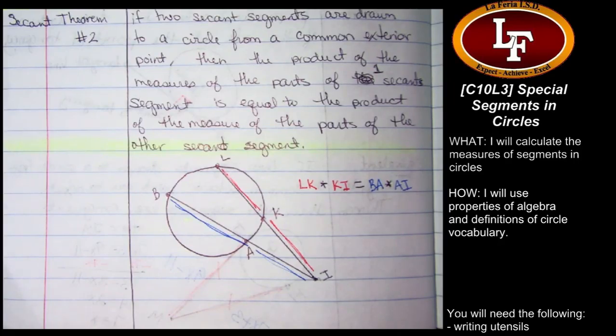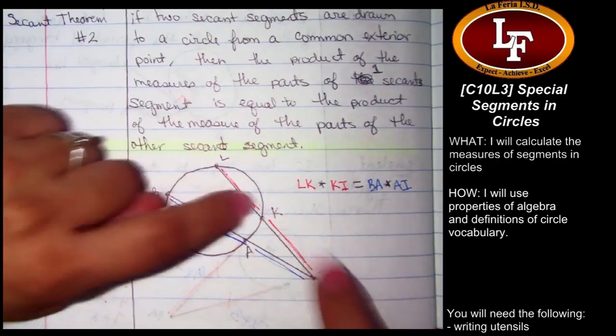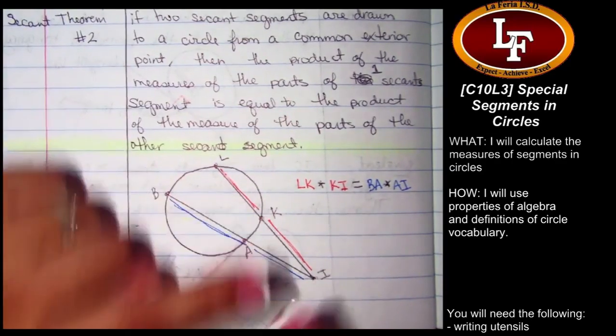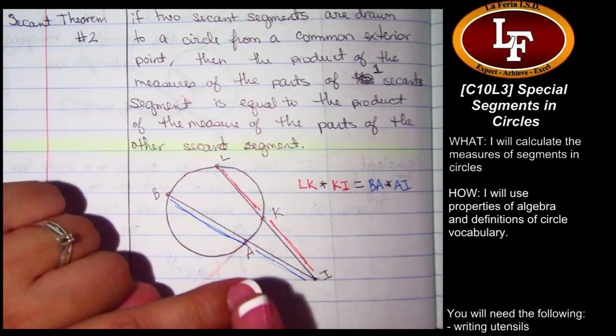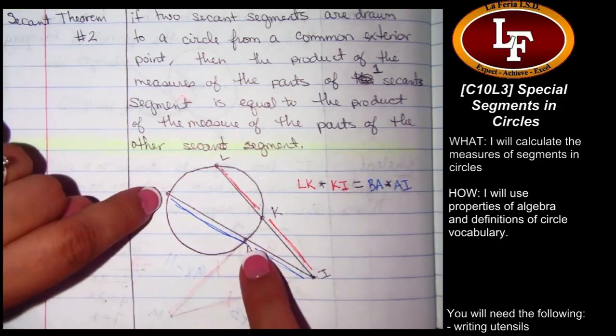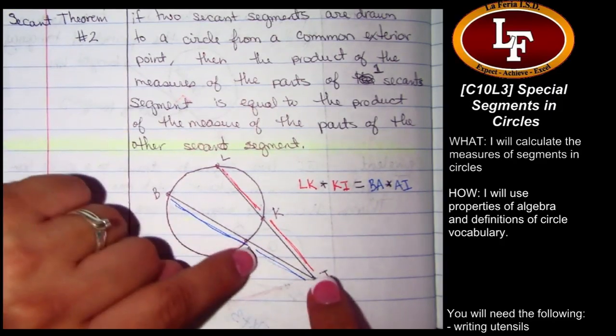So you're taking the different pieces of one of the segments, and you're multiplying them together. Whatever you get, you're going to set equal to the multiplication of the parts of the other segment.